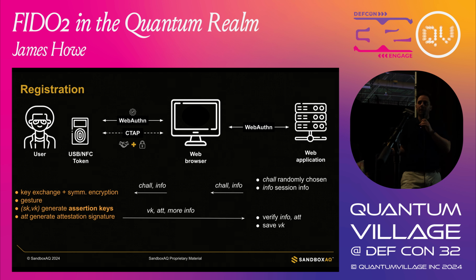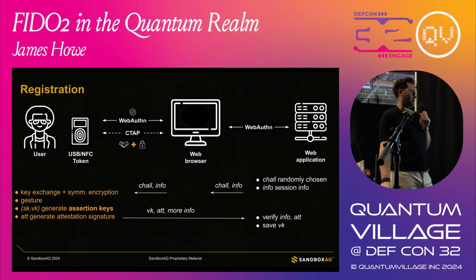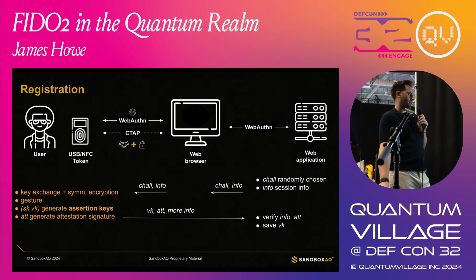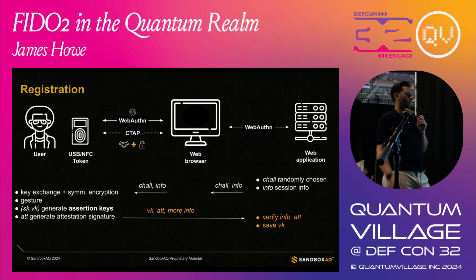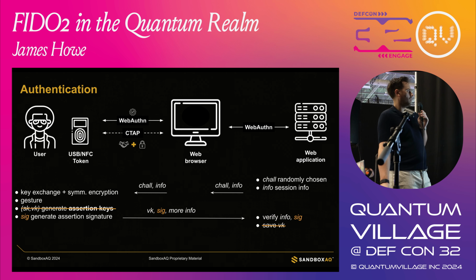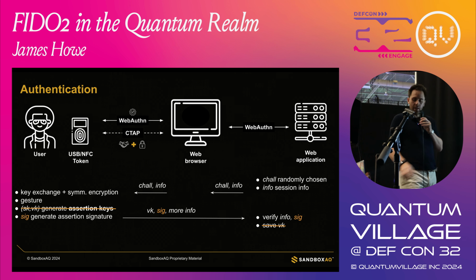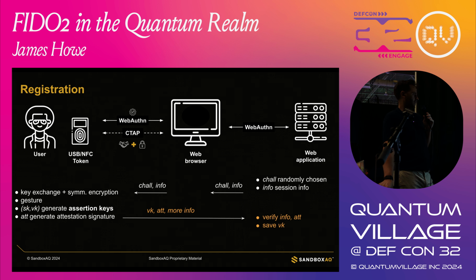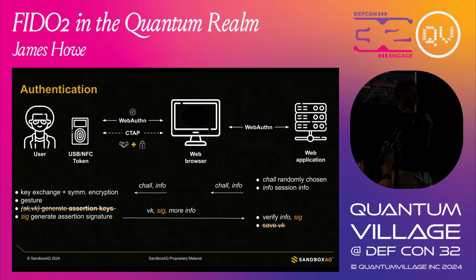So we basically press the button, this is part of the security, and then this generates keys on the device, and this is then sent back to the web application to either say that you're registered or to say that you're authenticated. It's slightly different for registration or for authentication. You just send a slightly different item, and then you're authenticated or you're registered.